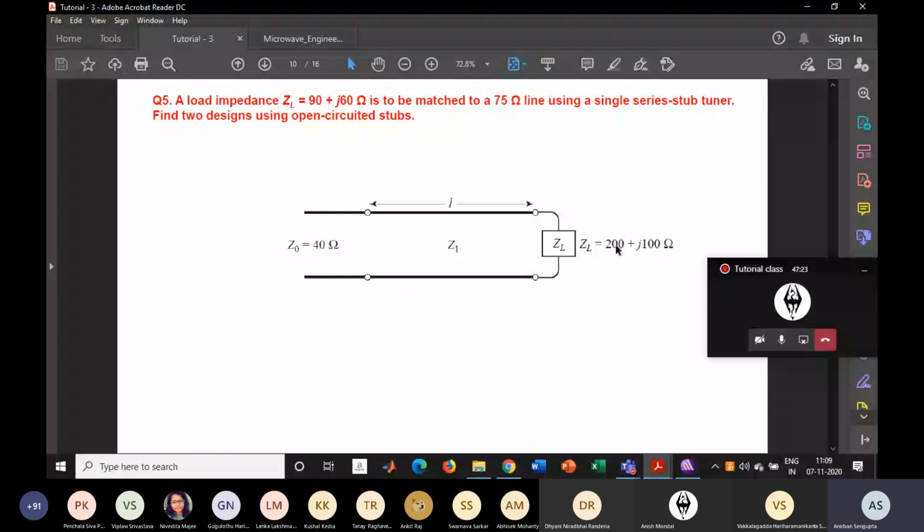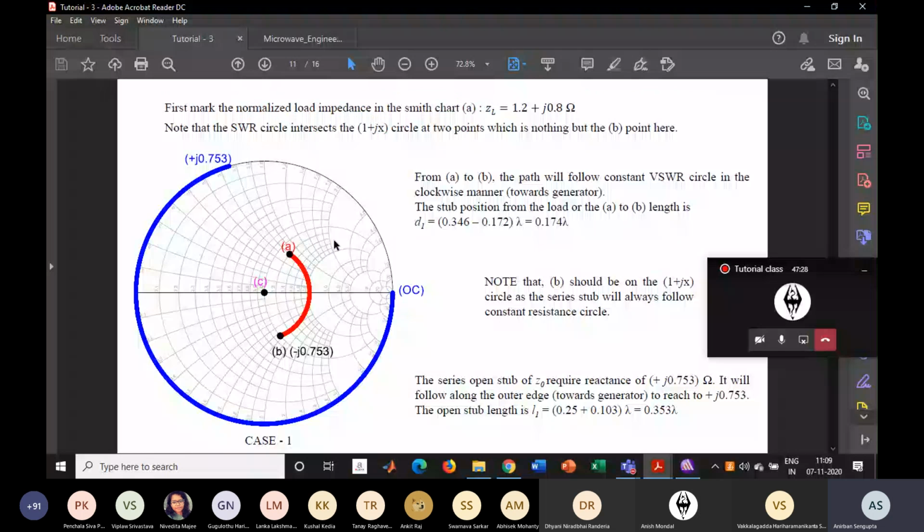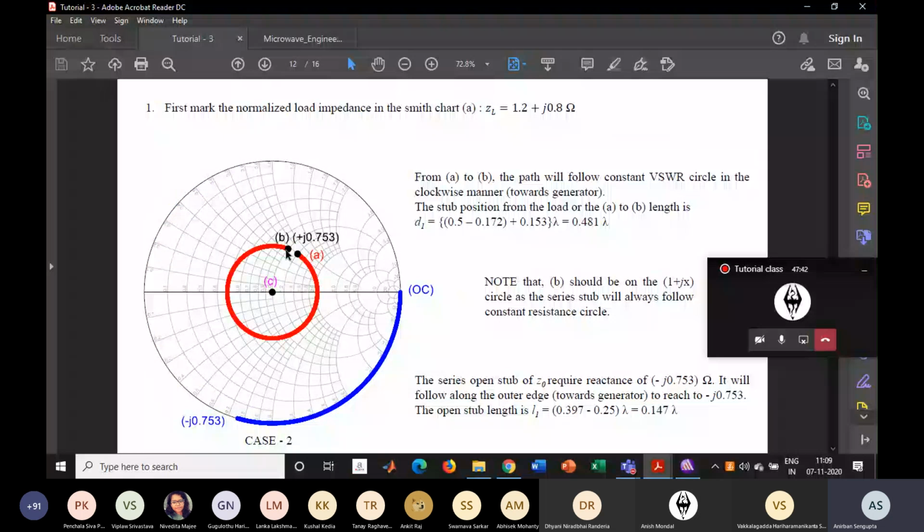For the first one, you can put the stub at 0.174 lambda, and the length of the stub will be 0.353 lambda. For the second one, you can add the stub after 0.481 lambda, and the length of the stub will be 0.147 lambda. You can use either of these.